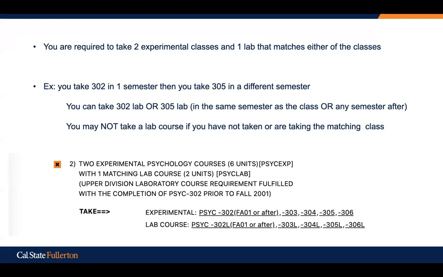Because you took 302, you are now eligible to take 302 lab because you have the requirement done, so you can take that lab course. Or let's say in that semester you're taking 305, you decide to enroll in the 305 lab in that same semester, that's totally fine. What you cannot do is take, let's say, 306 lab because you haven't taken 306 already, and you're not taking 306 in that same semester, you're trying to do 306 lab.